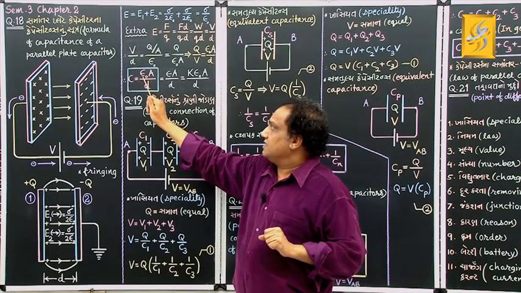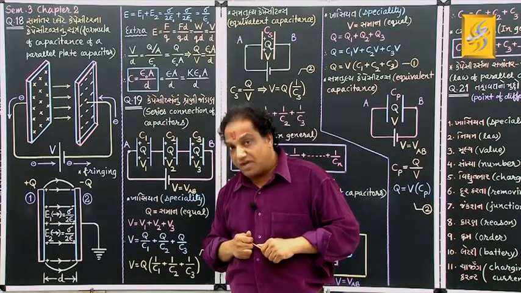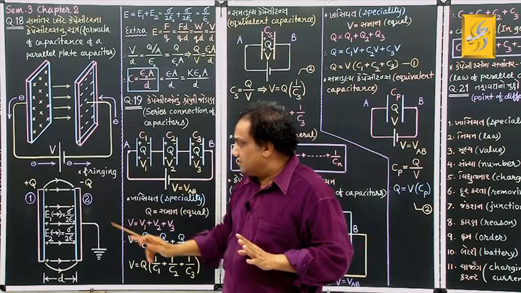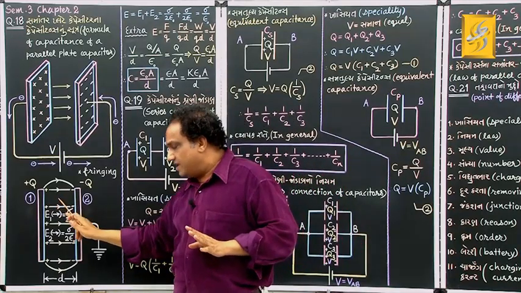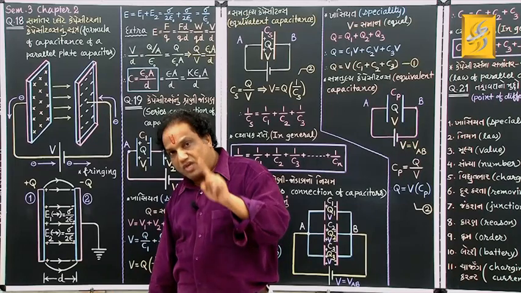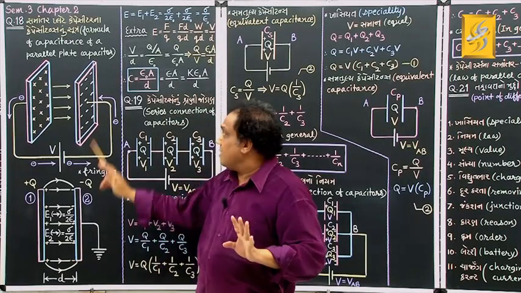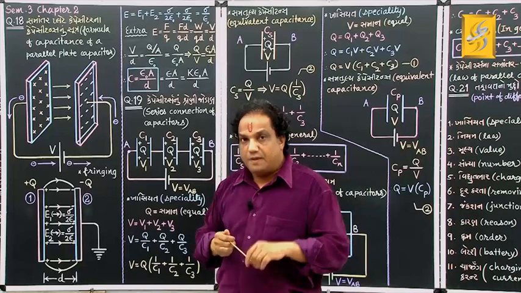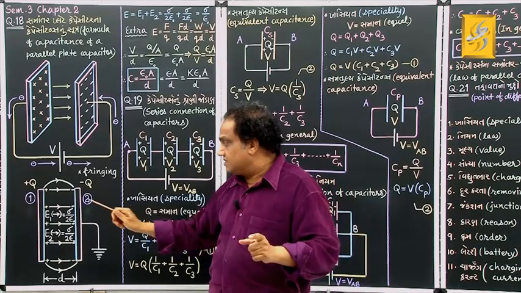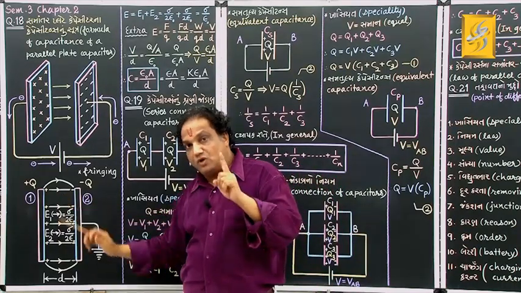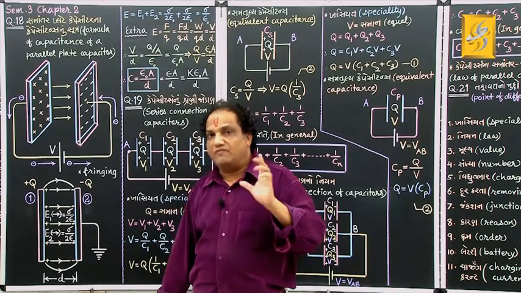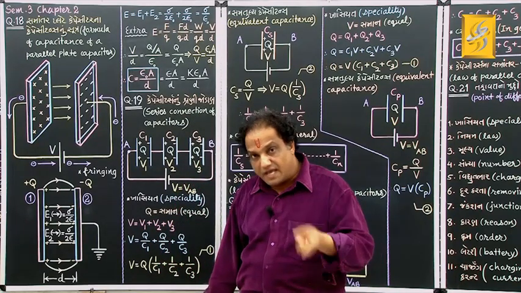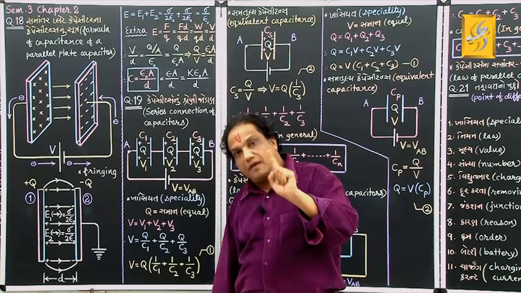My dears, this epsilon 0 means permittivity of vacuum. So, as long as the medium between these two plates is air medium, or if there is vacuum between the plates, then you can apply this formula, okay? But if you replace this air or vacuum by some non-conducting medium, normally we call it dielectric medium, then that capacitor is called dielectric capacitor.